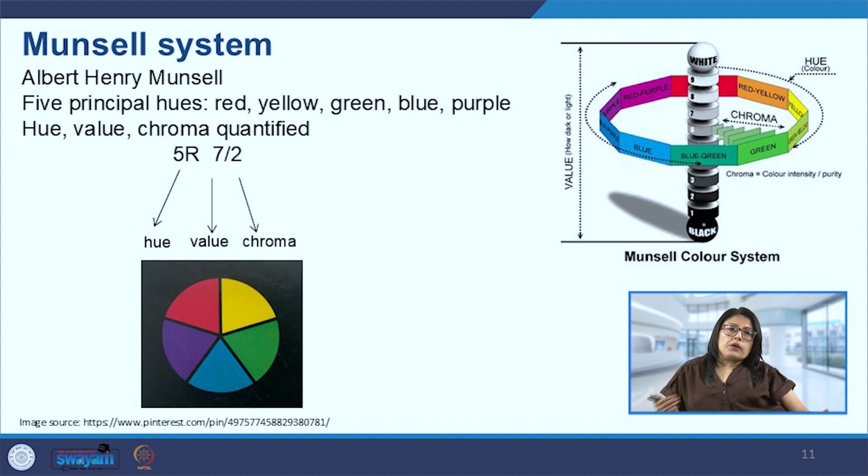So he wanted to develop a color system, and it is also said that while he was painting a sunset, he was quickly trying to capture the colors, but he was unable to do so at the speed with which the sun was setting. So he wanted to know which color is changing into the other color.